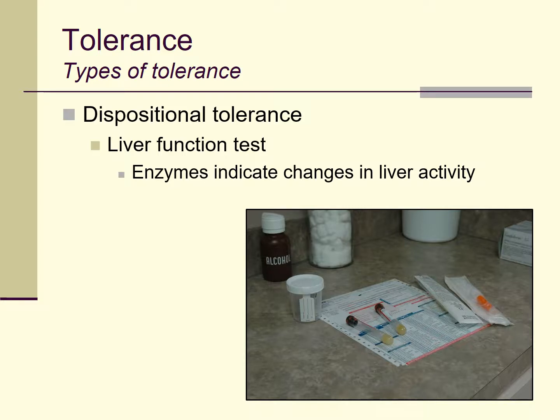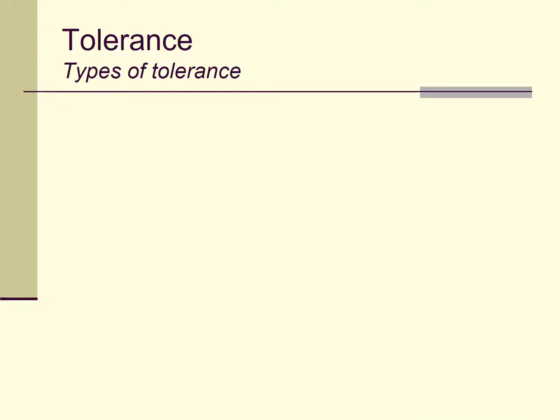They tend to have lower dispositional tolerance for drugs than do younger folks. So dosing medications for elderly people can be quite tricky, because you want to give them enough to get an active dose, but not so much that they get a toxic or even lethal dose. That's all sort of having to do with dispositional tolerance, the effect of tolerance that arises from changes in metabolism for a particular drug. Okay, that's one form of tolerance.